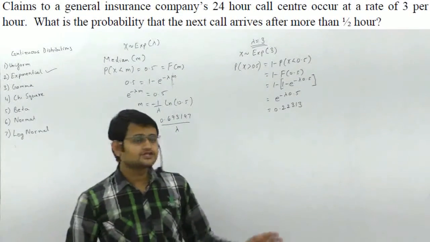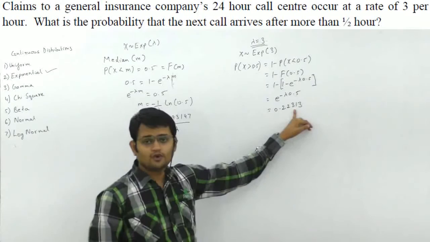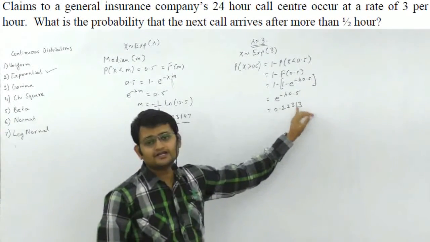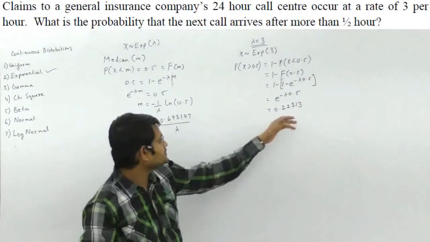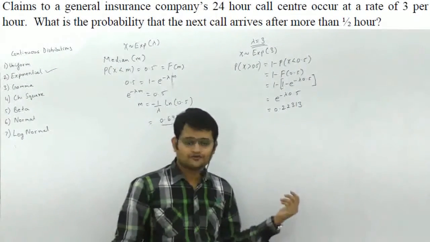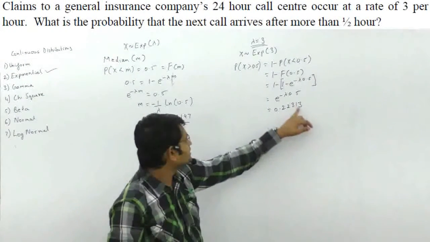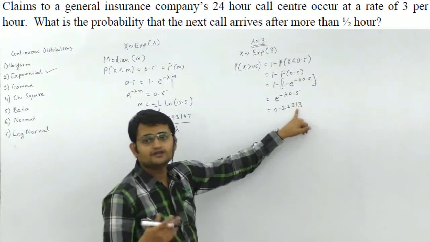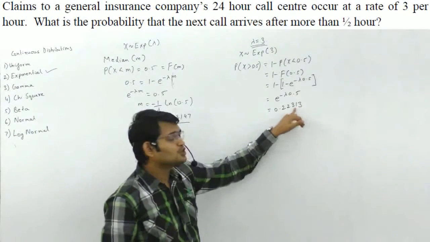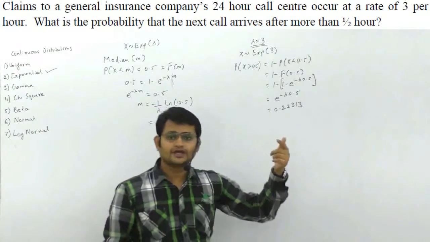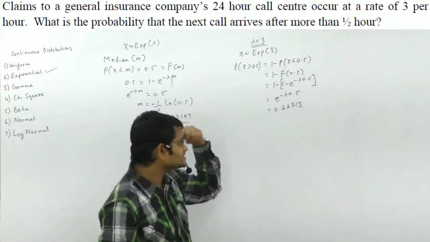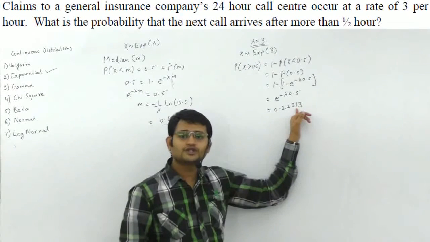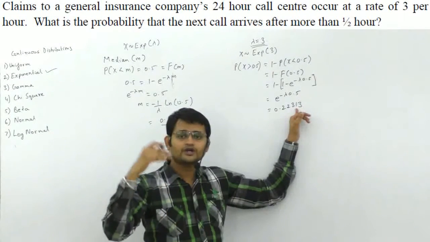Now in your examination they expect the answer to 3 decimal places, but I suggest you write at least 4 decimal places. It just saves you time by not rounding it off. You can simply write 3.1 even if we had some value, let's say 3.7. It takes time for us to think, it might be a split second, but it still takes time to think whether we have to round it up or round it down.